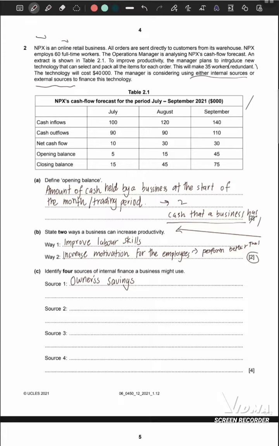This is an obvious one: the business or the owner's savings. Internal means it's within the business, not from outside. For example, a bank, or you maybe borrow from another source, that is an external source of finance.